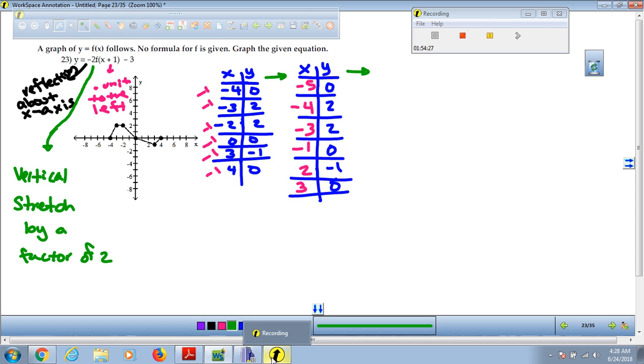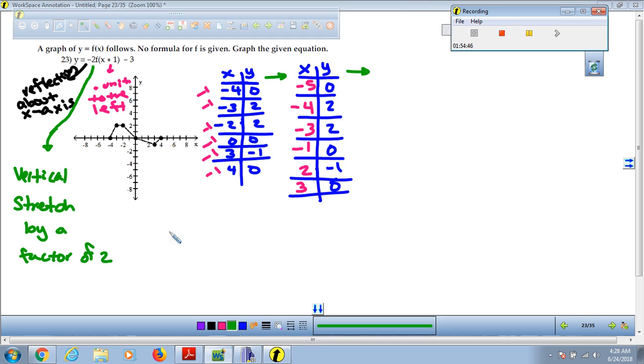So whatever you decide to do, if you look at the formula chart, when you have a reflection over the x-axis, what you're supposed to do is multiply the y times -1. And when you have a vertical stretch, you're supposed to multiply also the y's, but by 2. So the order of these two things doesn't really matter. If you want to do the reflection first, times -1, or you want to do times 2 for the vertical stretch, it doesn't matter.